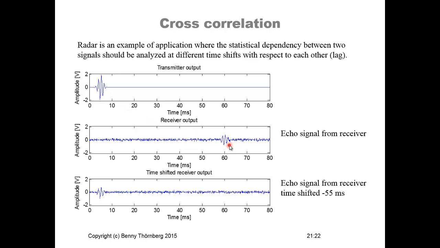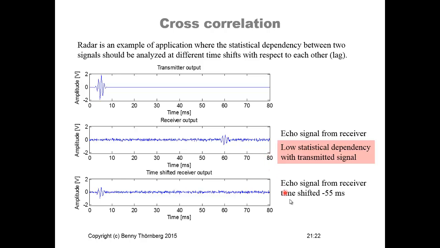Let's assume now that we are recording both the transmitted signal and the received signal. Then we have the possibility to make a shift of minus 55 milliseconds for the received signal, and then we analyze the statistical dependence. If we look into those two windows, at the unshifted received signal and the transmitted signal, there is very low correlation between those two signals.